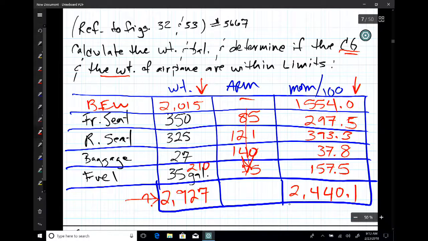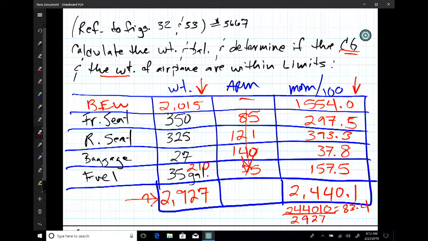So 2,44010, and you're going to divide that by the total weight of 2,927, and that equals 83.4 inches aft of datum.